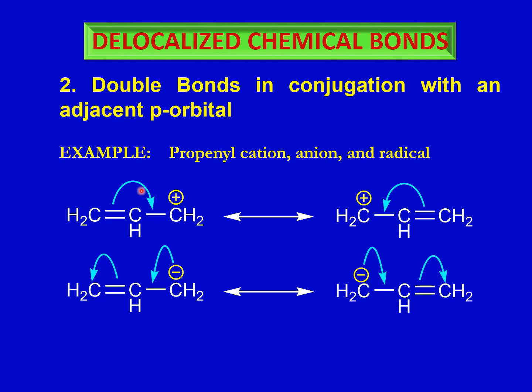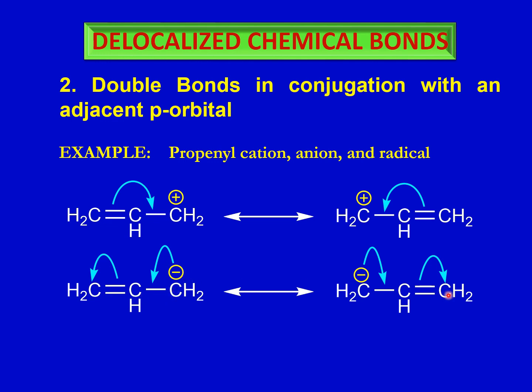Just look at the direction of the arrows or the shifting of electrons. Here the electrons are shifted towards a positive charge, and that is logical because a positive charge would attract electronic density. But here the electrons are shifting away from a negative charge, meaning this carbon atom has to get rid of the negative charge, and that is by sharing these two electrons between these two carbon atoms.